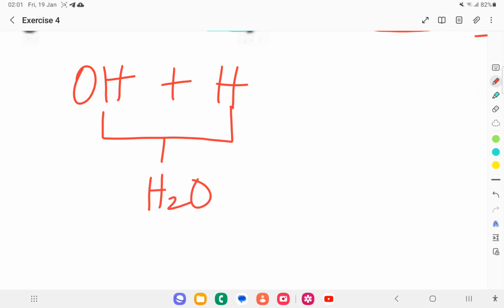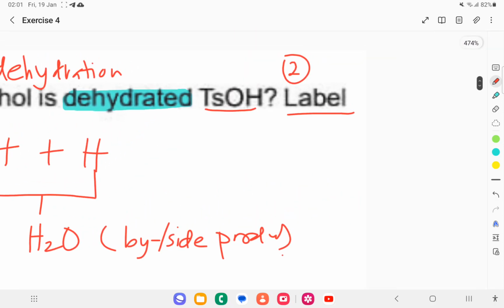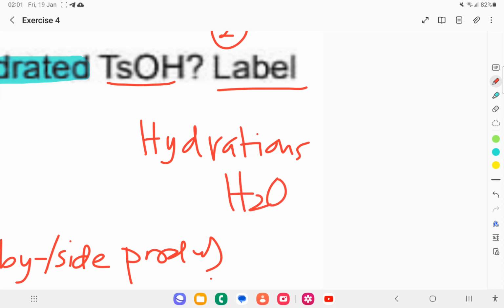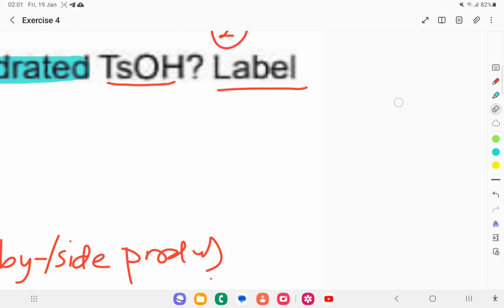It is removed as a water molecule, which becomes the byproduct or side product. On the other hand, hydration of an alkene gives you back the alcohol. Hydration means the addition of water, where you add one OH and one hydrogen atom. So it is vice versa to dehydration.